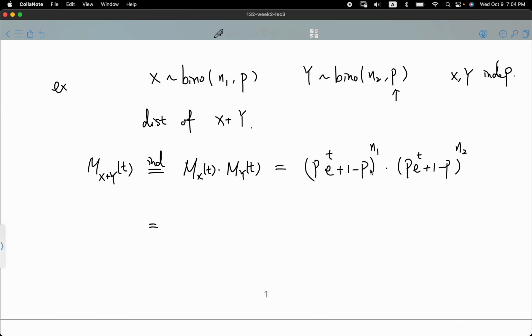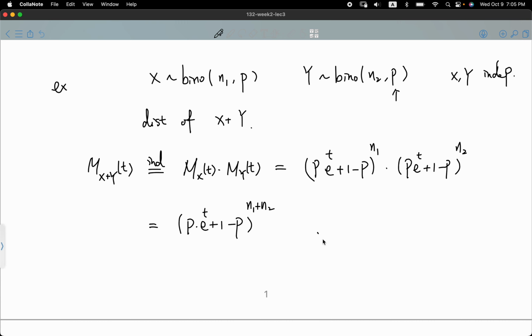Okay, so now we just need to simplify this. For the base, it stays the same, and for the power, it's just n1 plus n2. Looking at this formulation, we see the similarity to a binomial moment-generating function.